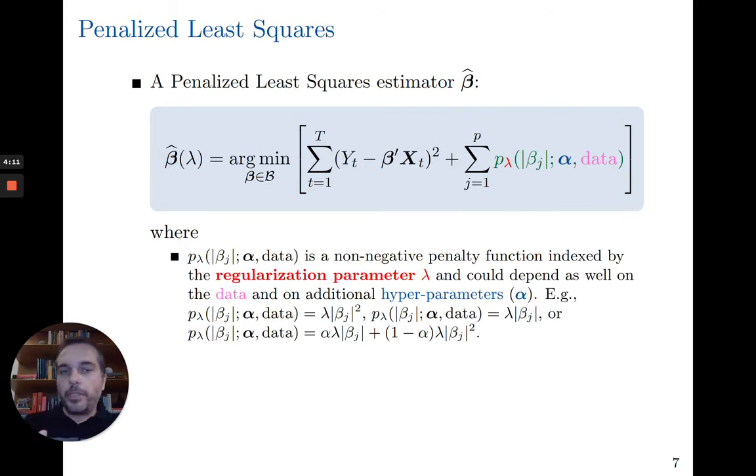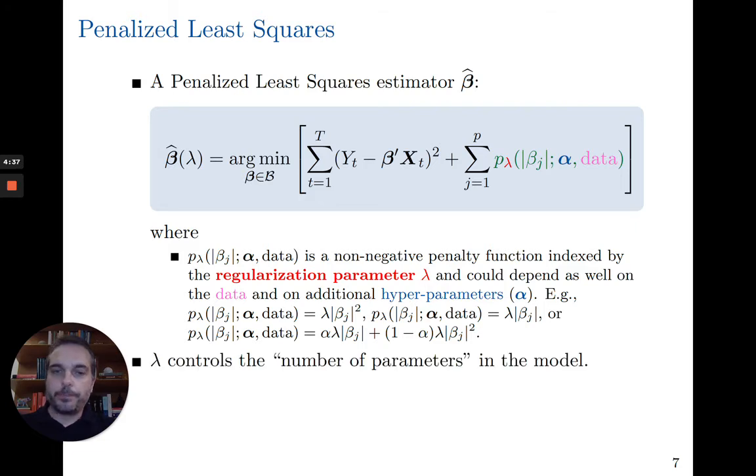And as I mentioned, this penalty term, this regularization term, is a non-negative function that depends on this regularization parameter lambda that controls the amount of penalty that we have. The larger the lambda, the higher the penalty, okay? And we have some examples of penalty that we saw also last week in our first meeting, okay?